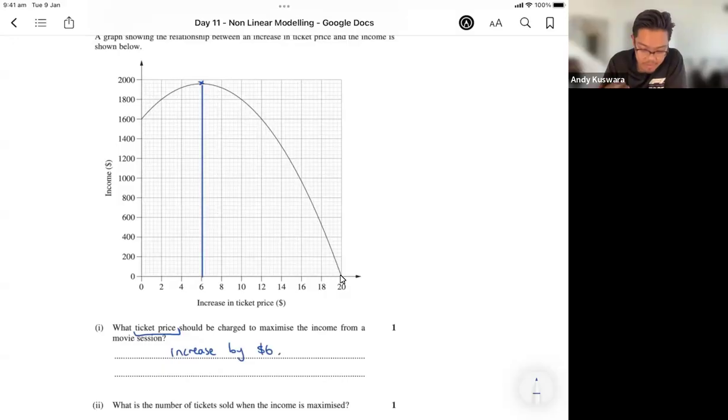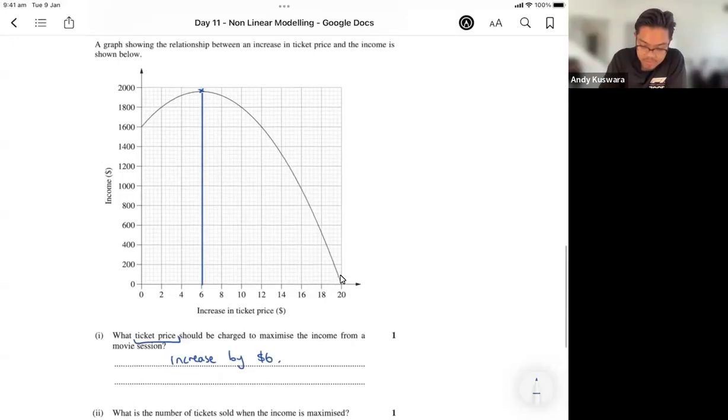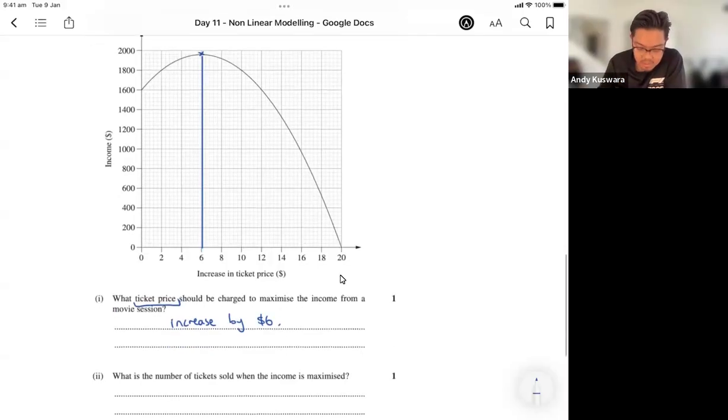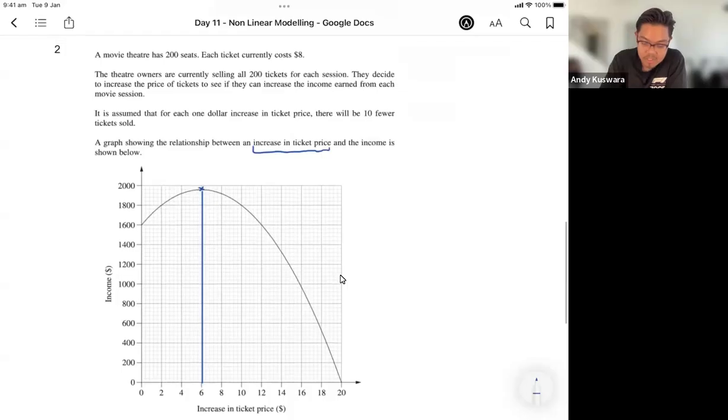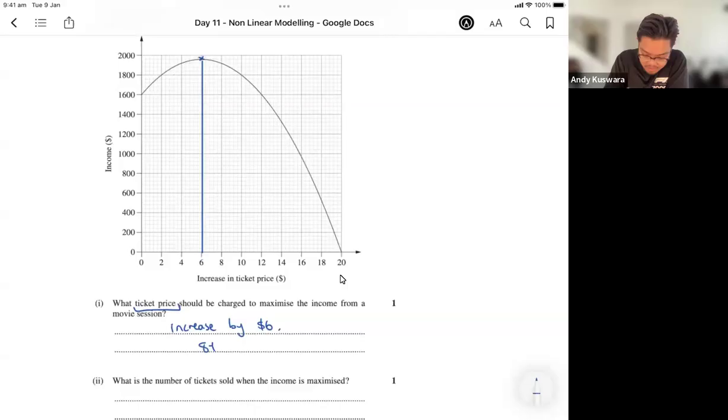This is talking about the price increase. So it needs to increase by $6, and each ticket currently costs $8. So 8 plus 6 will be a total of $14. That's your 1 mark. That's the ticket price that should be charged.